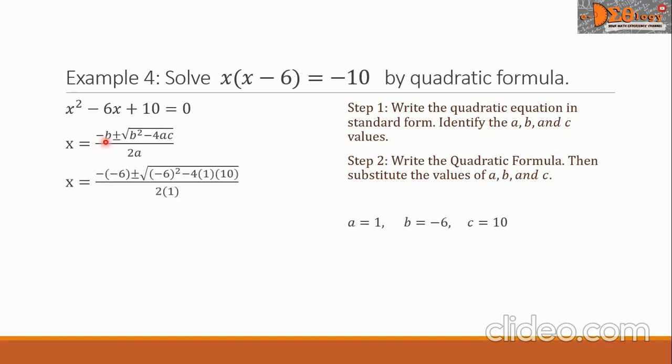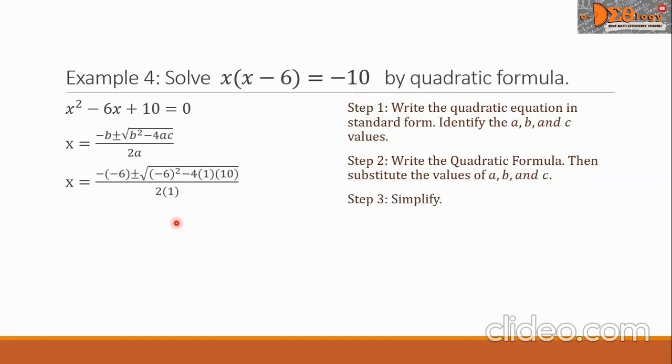The negative b becomes negative of negative 6, plus and minus the square root of the b square is now the square of negative 6 minus 4 times a, where a is 1, and times c, where c is 10, all over 2 times a, and this is 2 times 1.